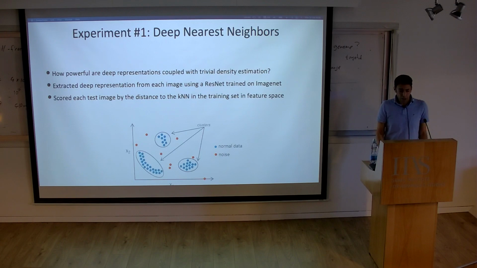And now we perform k-nearest neighbors exactly in the same way that we performed before. The alternative would have been to perform k-nearest neighbors on the actual pixels, whereas here we use this representation encoder to map our images to a deep representation, and then we perform k-nearest neighbors on this deep representation.